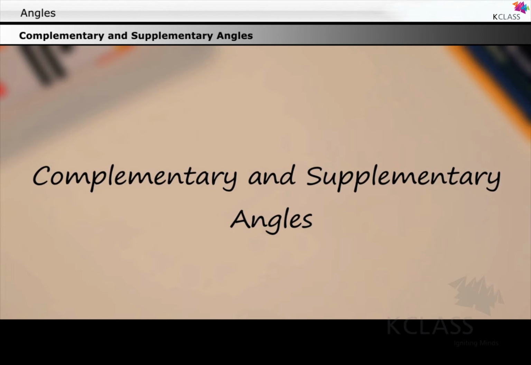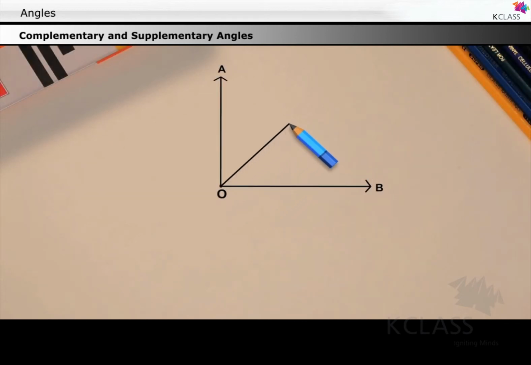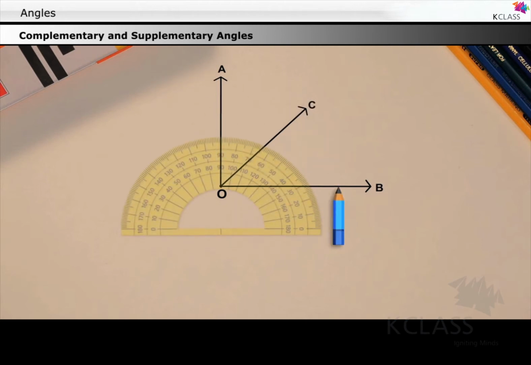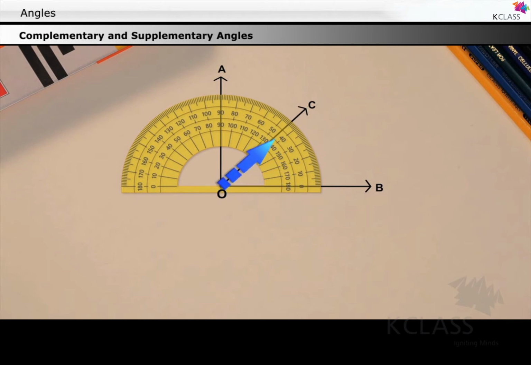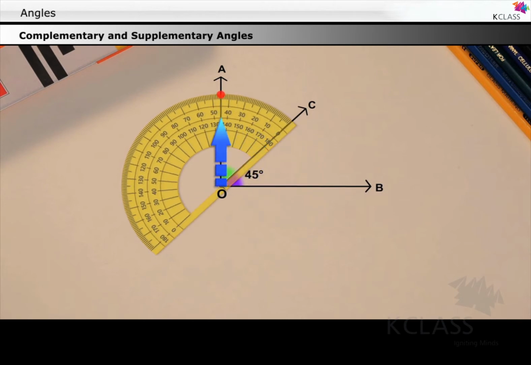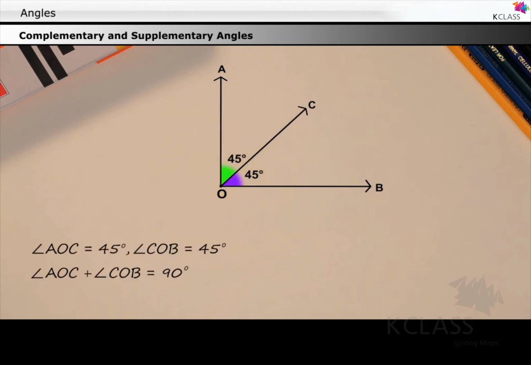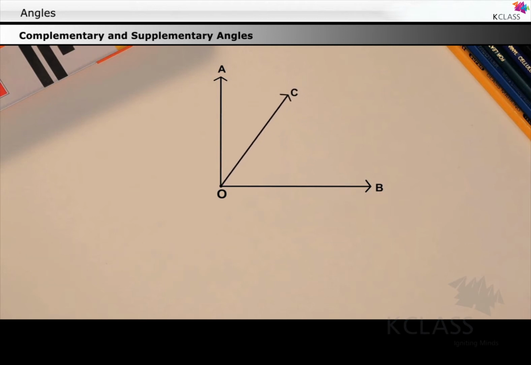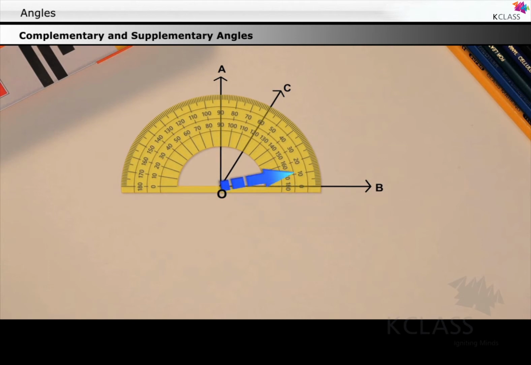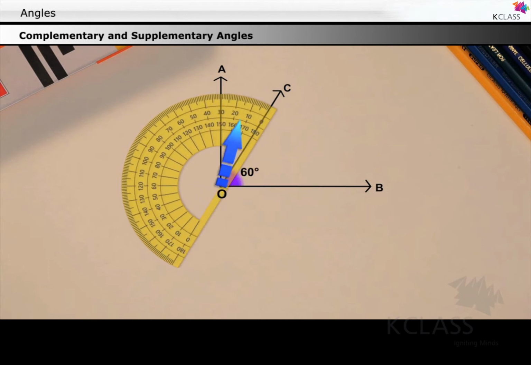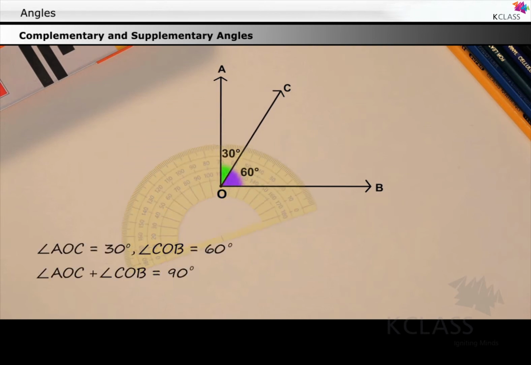Complementary and supplementary angles. Friends, watch this. In this position, let me measure AOC and COB using a protractor. Okay, 45 degrees each, sum equal to 90 degrees. Now watch as I move ray OC upwards. Let's measure AOC and COB now. 60 degrees and 30 degrees.